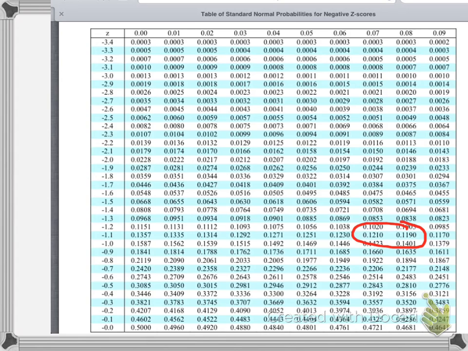12.1% is associated with a z-score of negative 1.17. And 11.9% is associated with a z-score of negative 1.18.